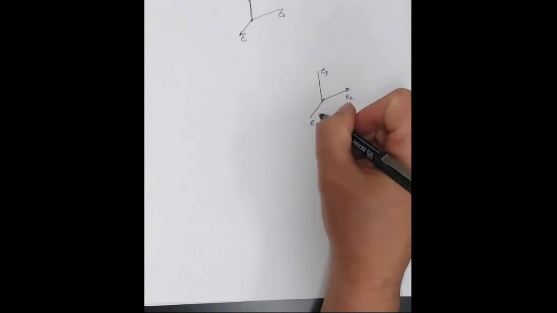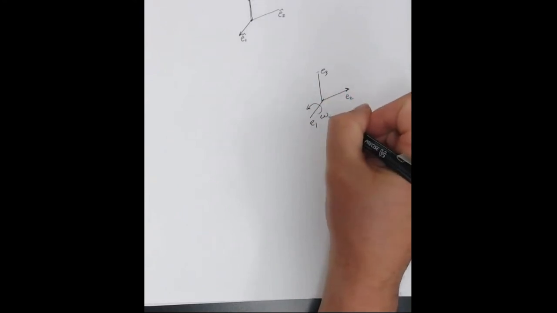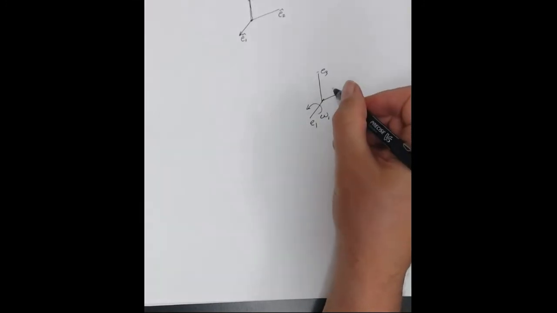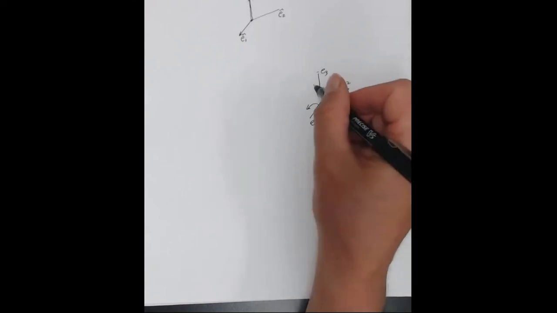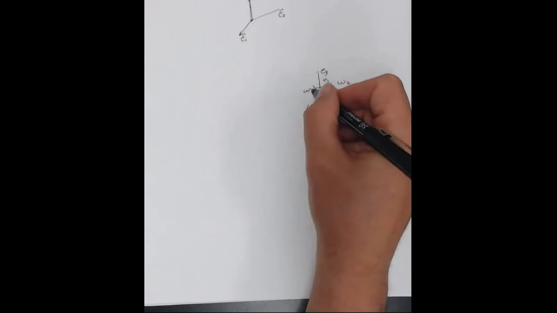For example, it could be rotating around the E1 axis, the whole thing rotating at a rate I'll call omega 1. Or it could be rotating around this axis. You're holding onto the axis, spinning the coordinate system around this way with a rate omega 2. Or say you're going around this with omega 3.